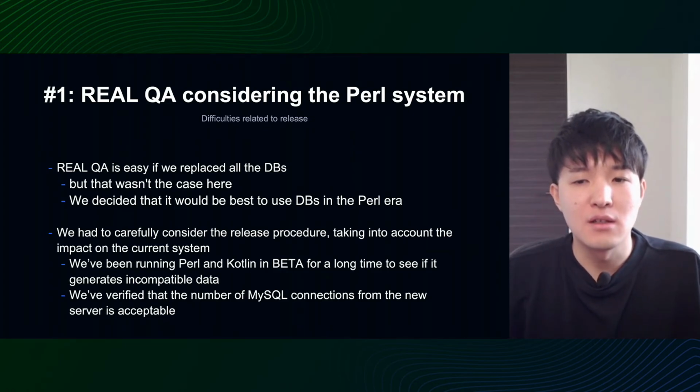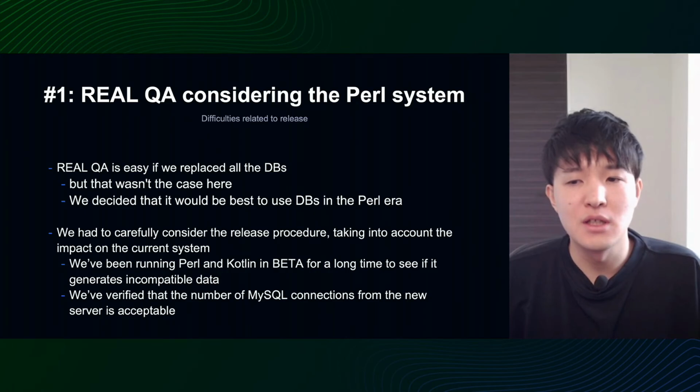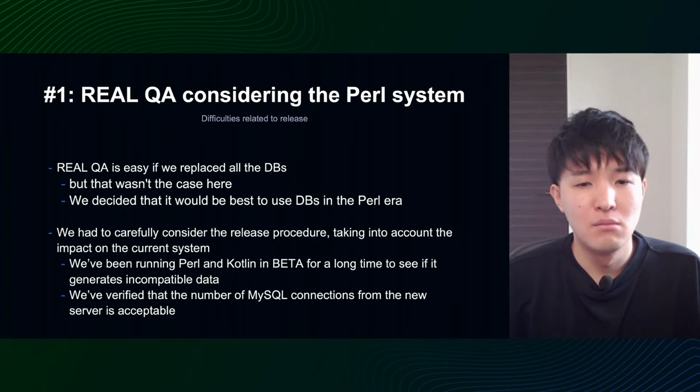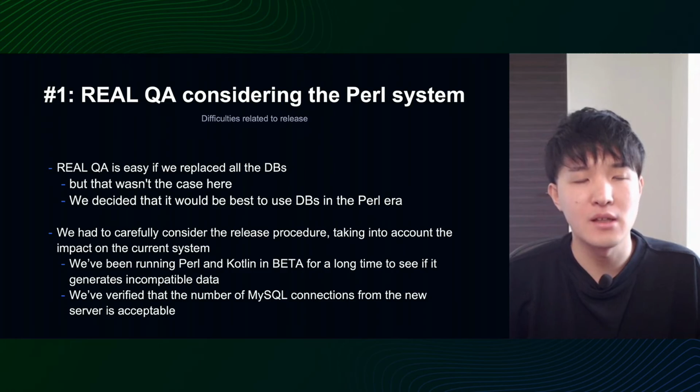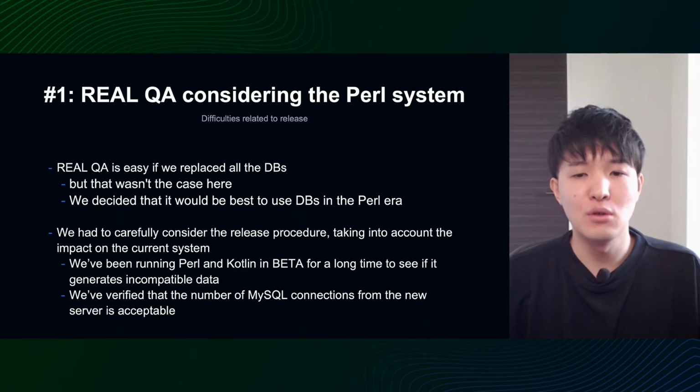As we considered how to migrate, the best option was to use the existing databases. If we were to replace all the databases, then we would have faced other types of difficulties. So, we had to be careful about certain things.